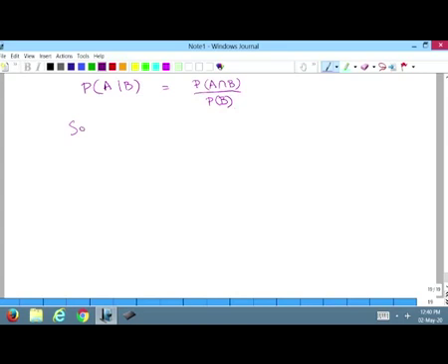So, in the above case, A intersection B is equal to singleton 2 and B is equal to occurrence of 2 or 4 or 6.